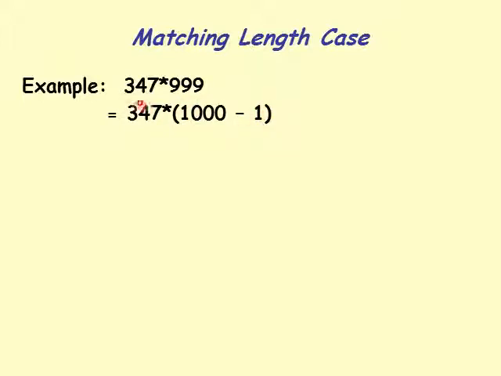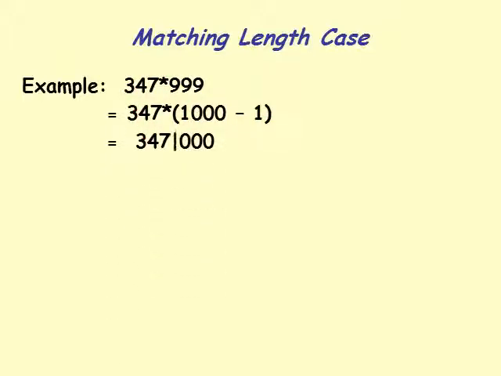We replace 347 times 999 by 347 times parentheses 1000 minus 1. This is an equivalent problem to the original problem.